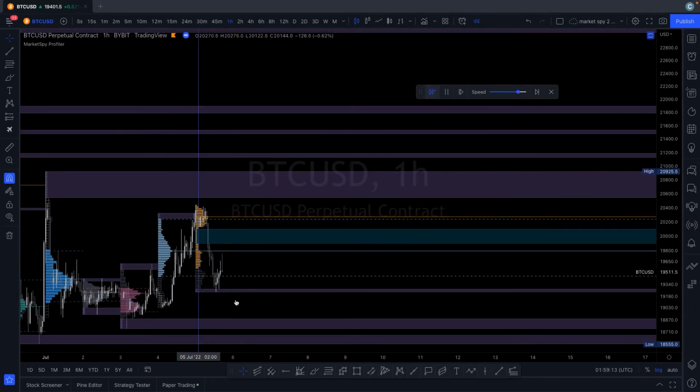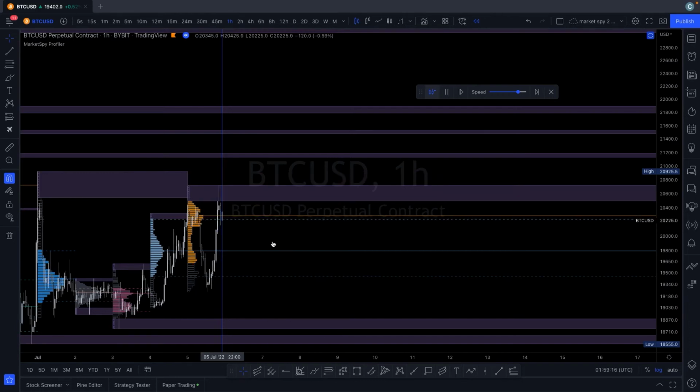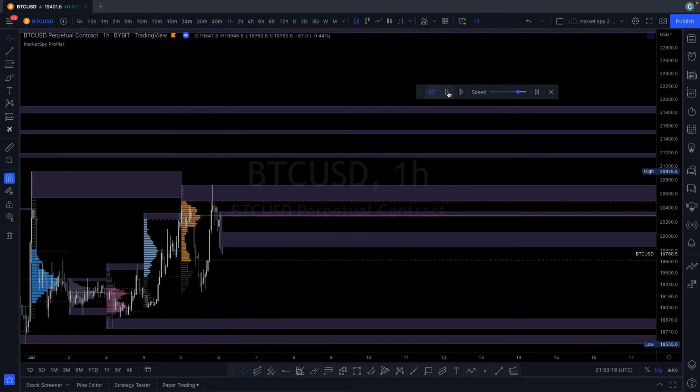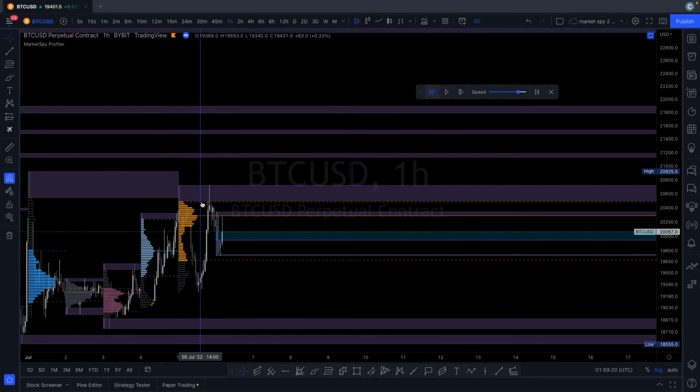Go down, searching for demand. And then there we are. We see some volume come in. But remember what we talked about. Unless volume carries us through here, we will wick in and reject. This is liquidity. There's tons of liquidity up here. So we try it once.